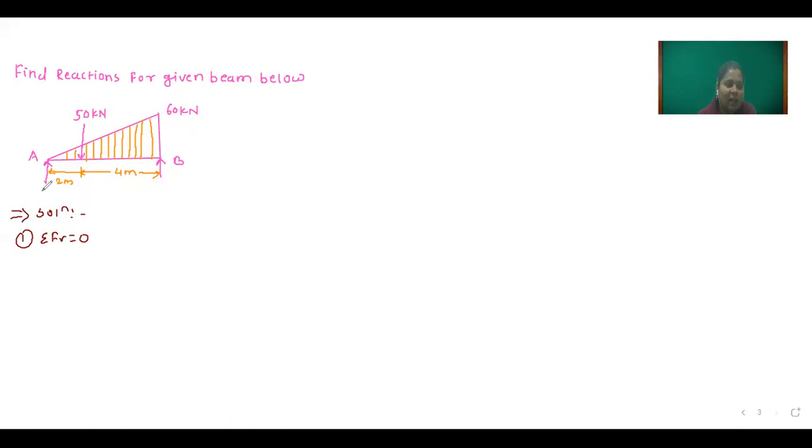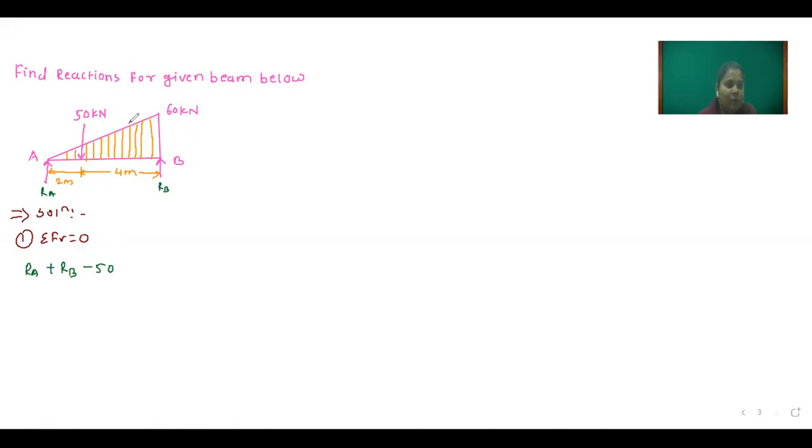So these RA and RB are going in the upward direction. So RA plus RB. This 50 kilonewton force is going downward, so minus 50. Now this uniformly varying load.